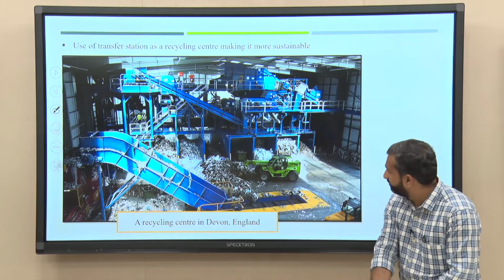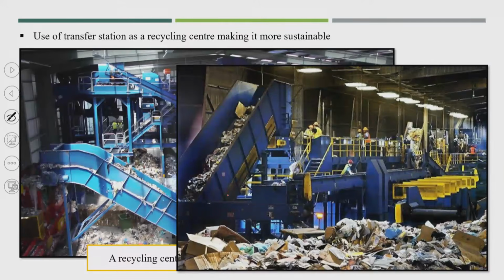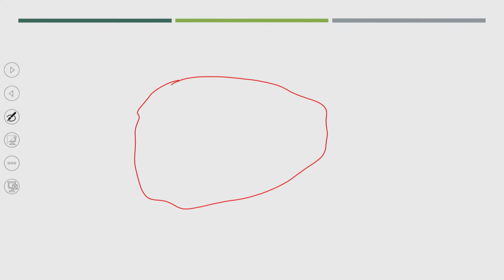So, here is another photograph of a recycling center in a transfer station. Here I will give one example. Suppose this is one city, and your disposal site is somewhere here.